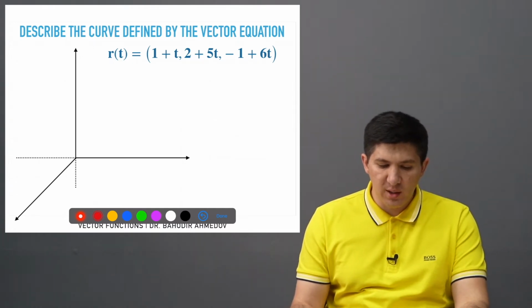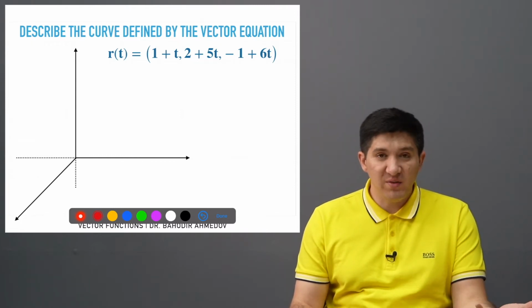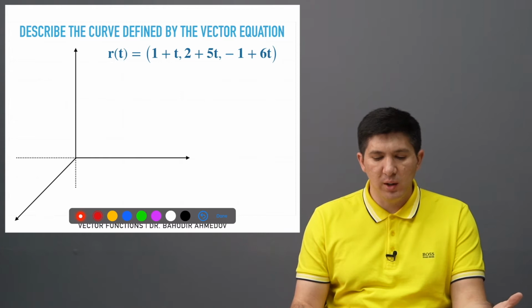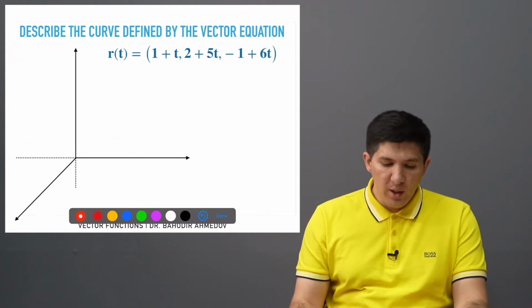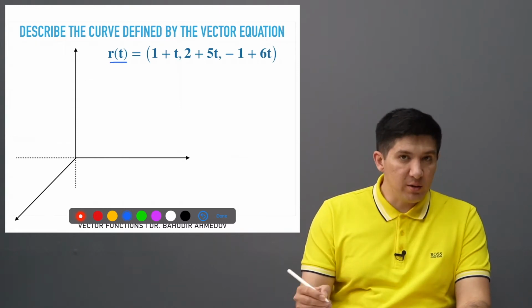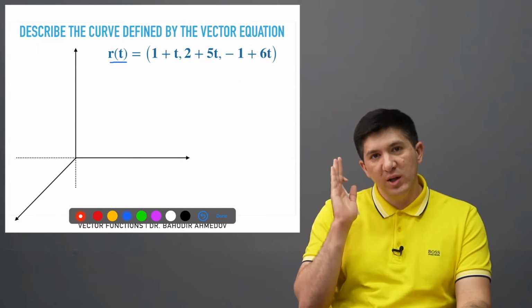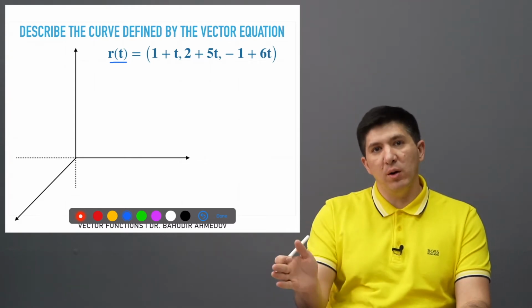r of t is equal to 1 plus t for the first component, 2 plus 5t for the second component, minus 1 plus 6t for the third component. Please note that r of t is a vector, and it's a position vector, and r of t describes the ending point of that vector.